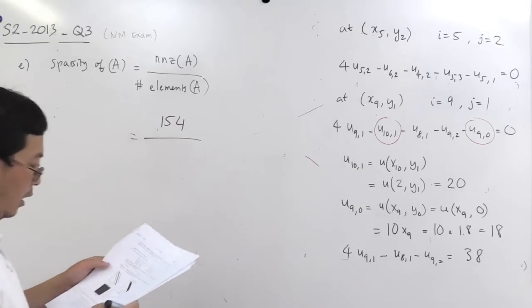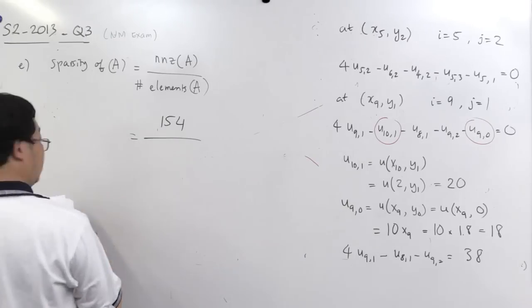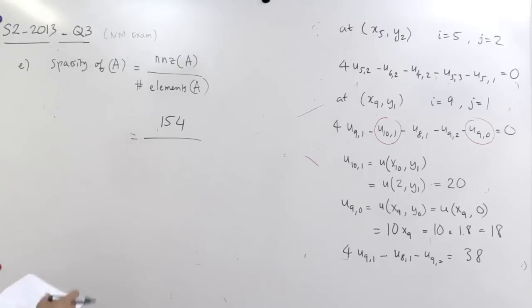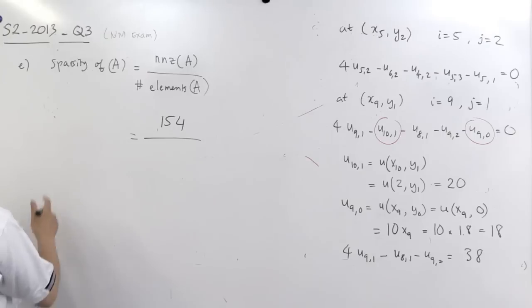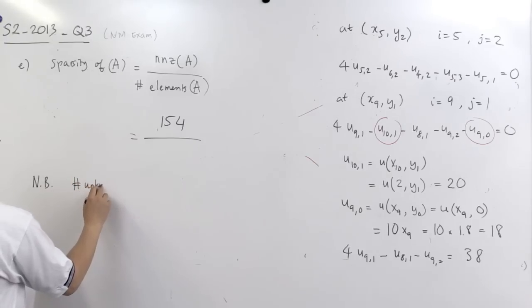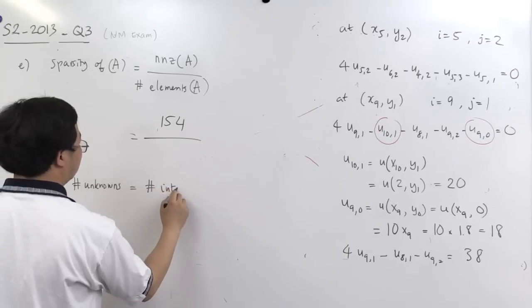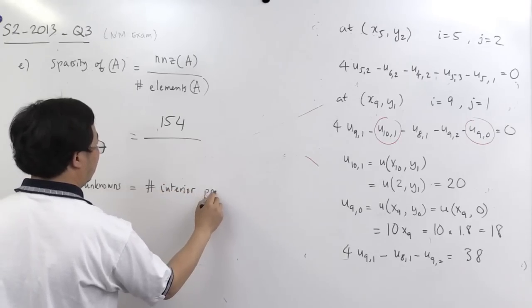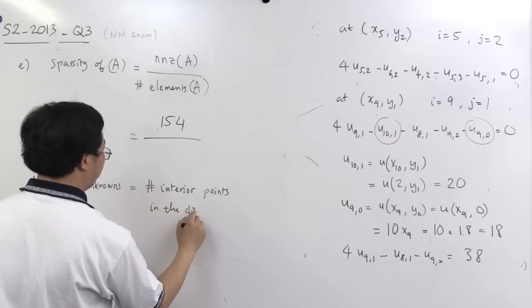Now how do we figure out the number of elements in A? If you look at the figures again, you have to figure out the number of unknowns. The number of unknowns equals the number of interior points in the discretization.